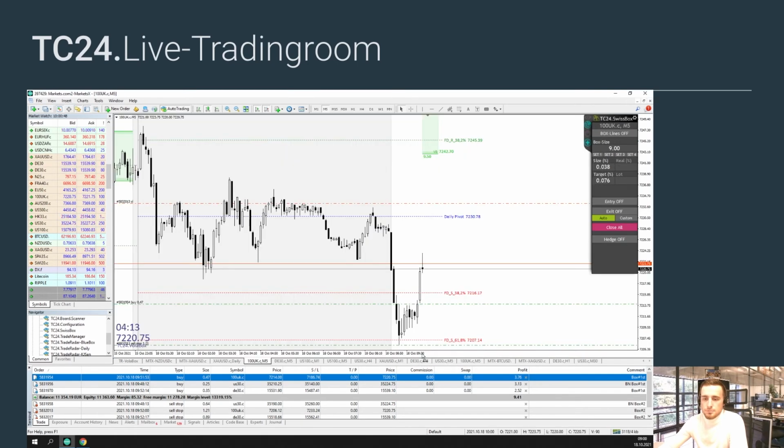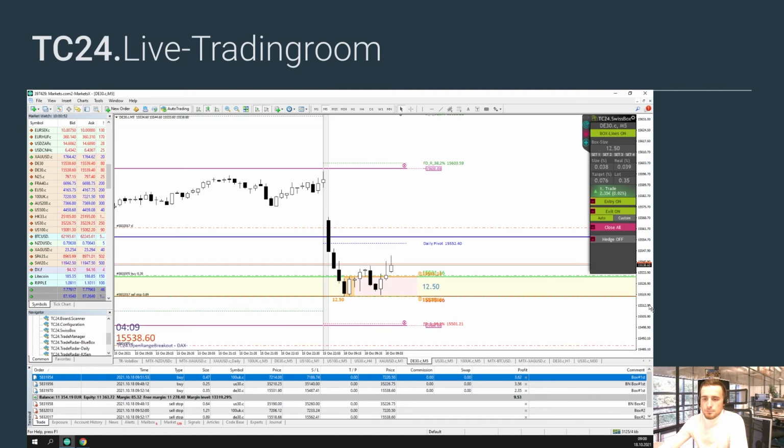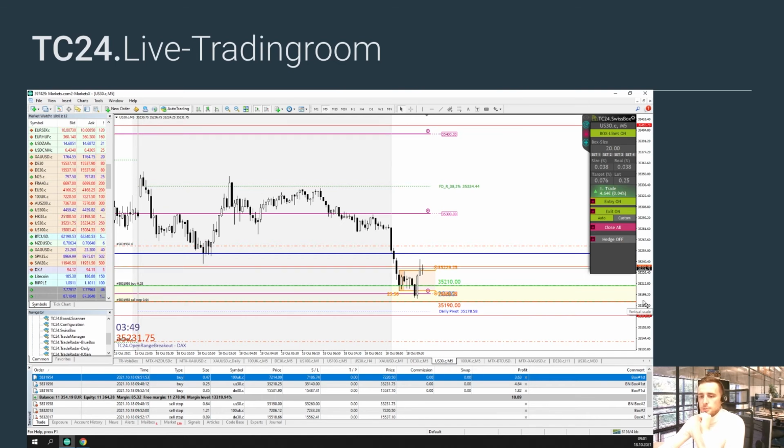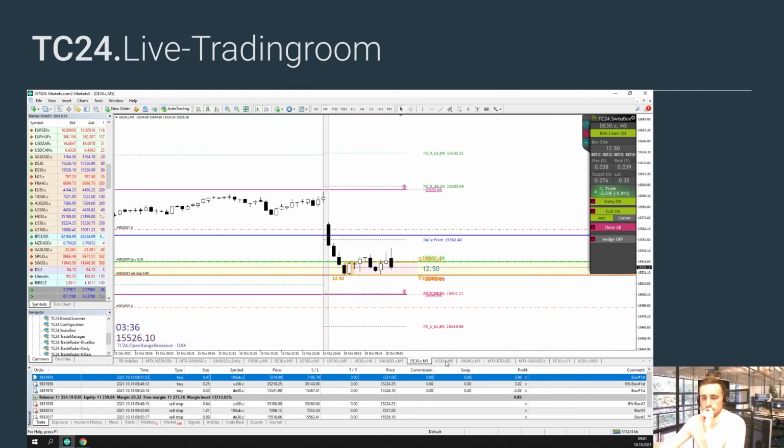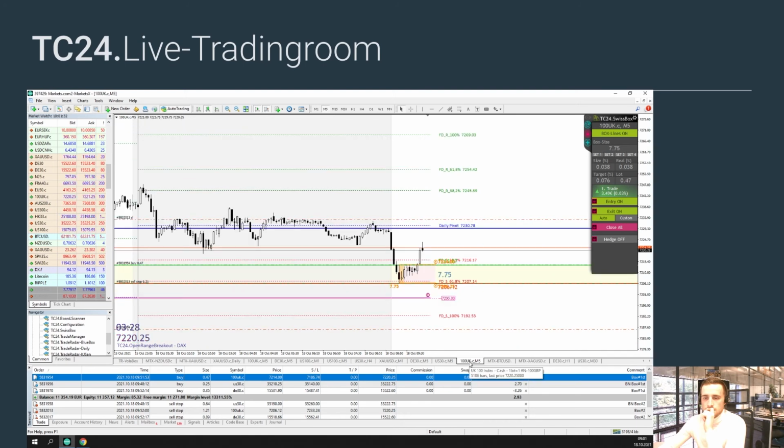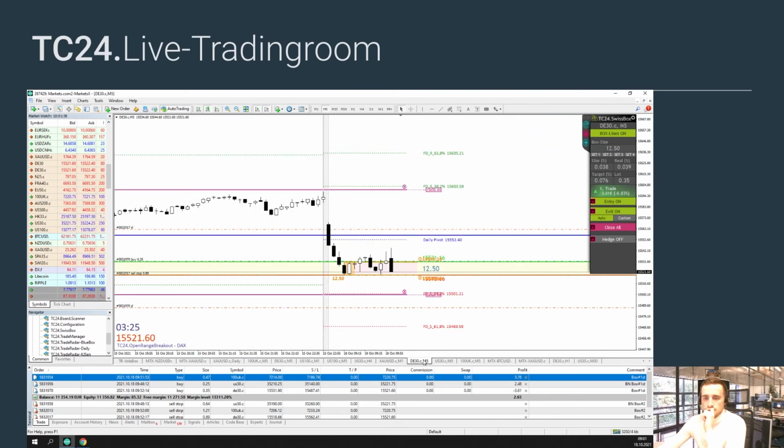So slow opening so far. And then here on the DAX, we can see a reversal has taken place, and the market is now coming down towards the bottom.